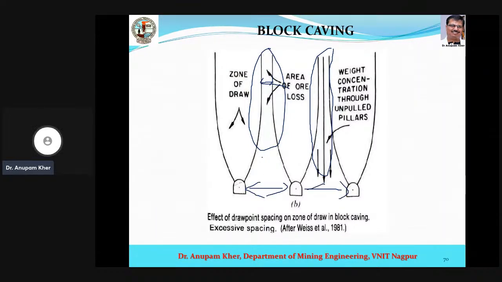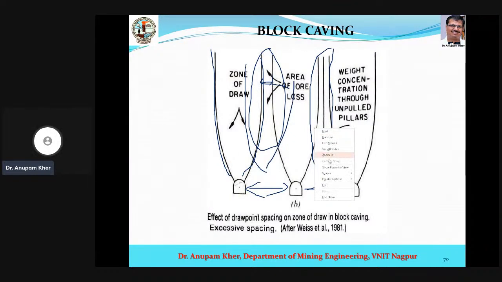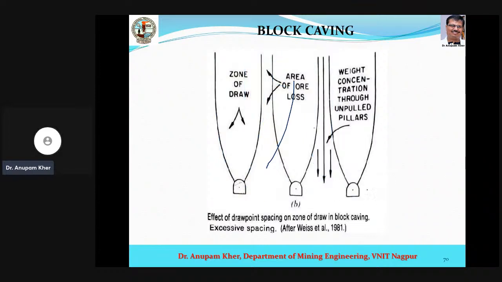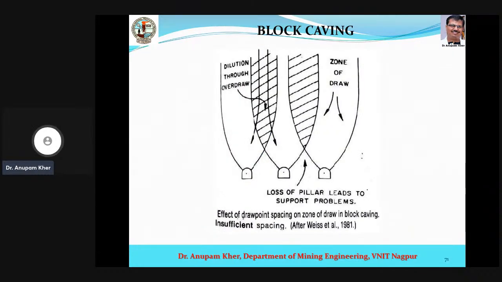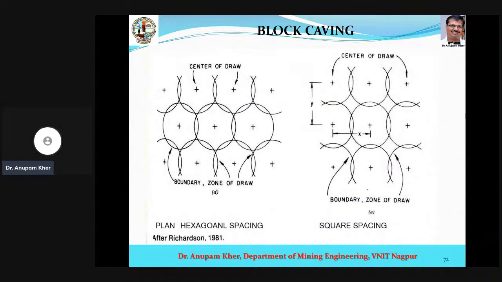So from the standpoint of the zone of draw, in every diagram you can see the zone of draw. So either they should not be very close, or they should not be very far. This is where the spacing is more. If the spacing is very less, then there is a chance of what is called dilution.